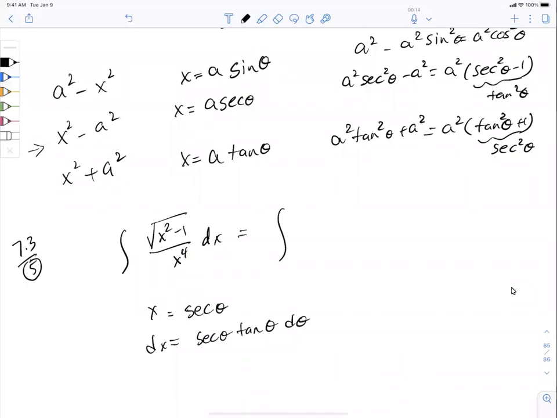So it's going to be the square root of secant squared theta minus 1, over secant to the 4 theta, times secant theta tangent theta d theta.